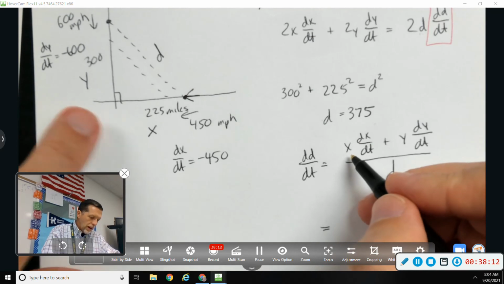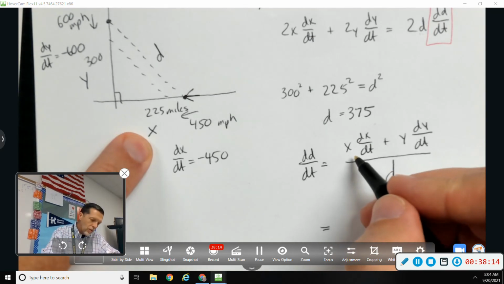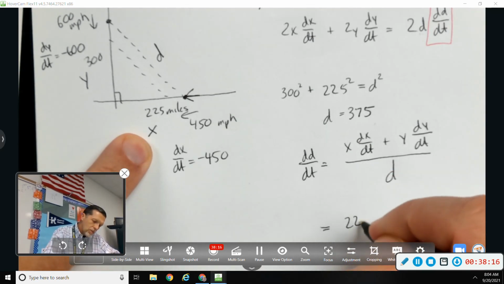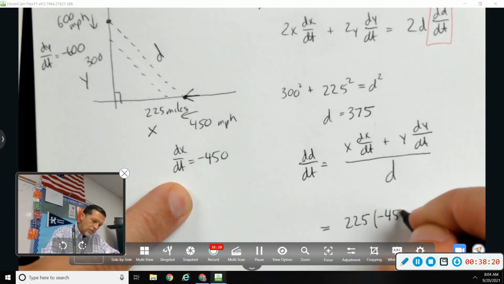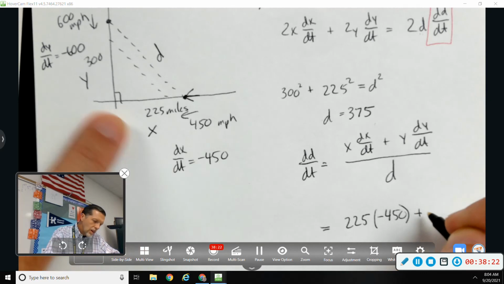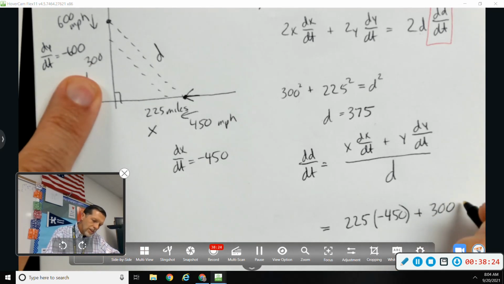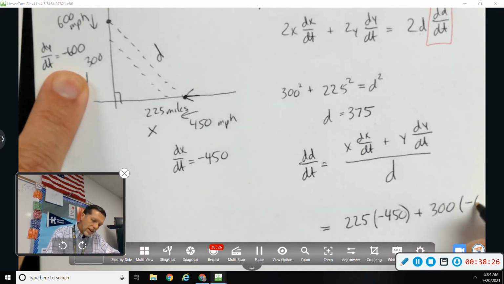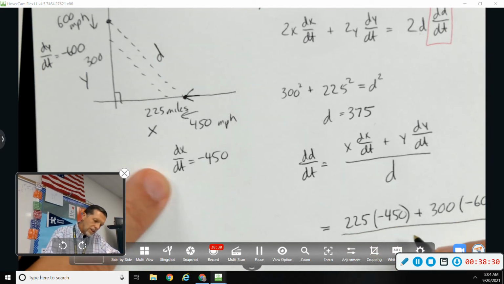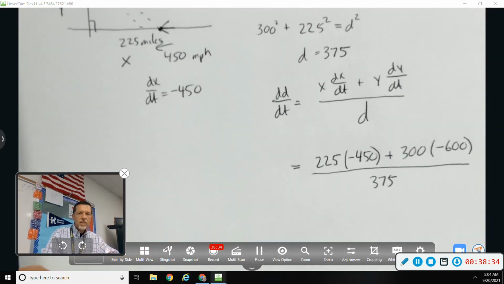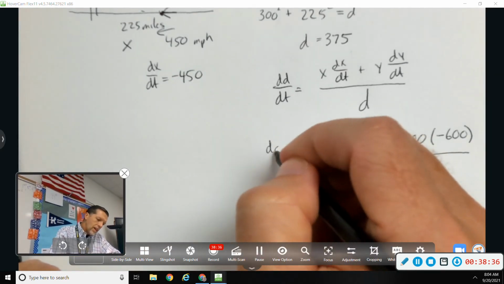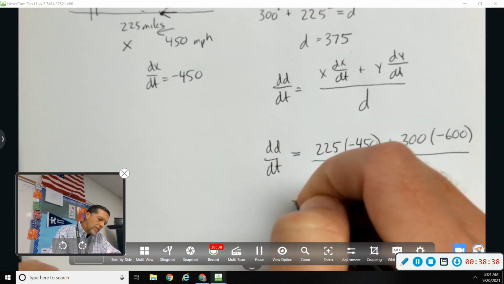So now it's just carefully putting things in the right spot. X is 225. Dx/dt is negative 450. Y is 300. Dy/dt is negative 600. And d was 375. And safe stop that if you like.